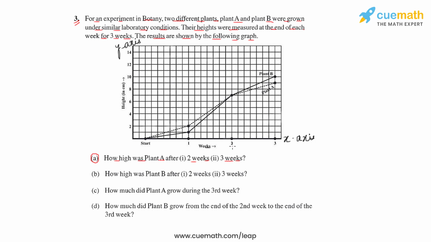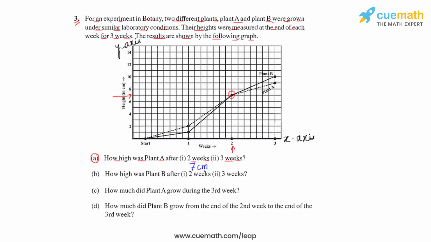So if we observe this line graph, the x-axis represents the week. After 2 weeks, this point represents the height of plant A, which on the vertical axis is given by this point, which as we see is equidistant from both 6 and 8. Hence it represents 7 centimeter on the y-axis.